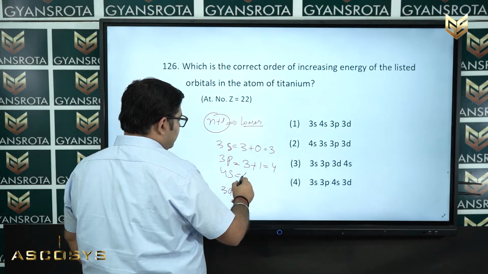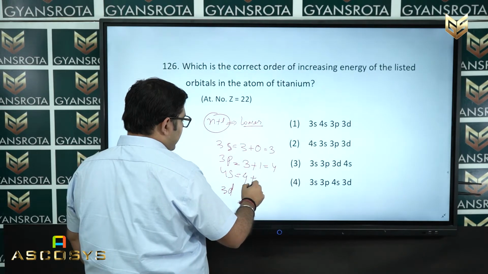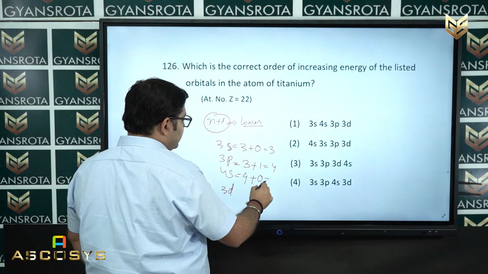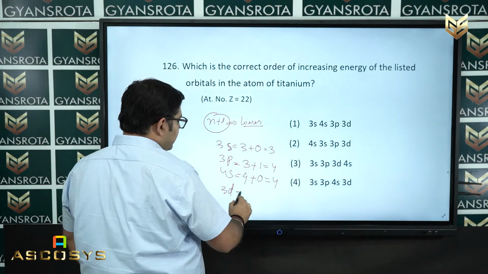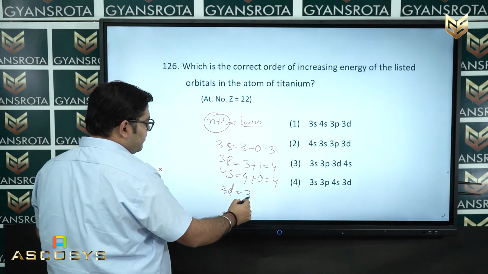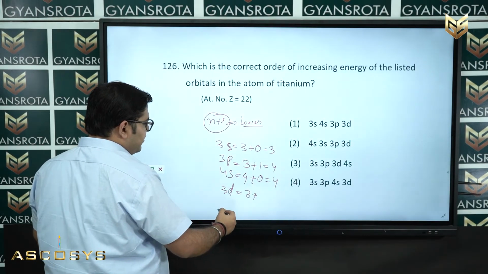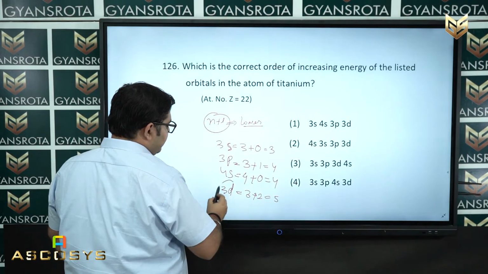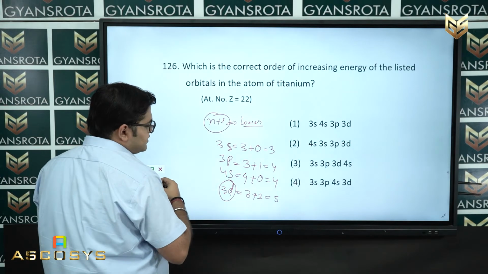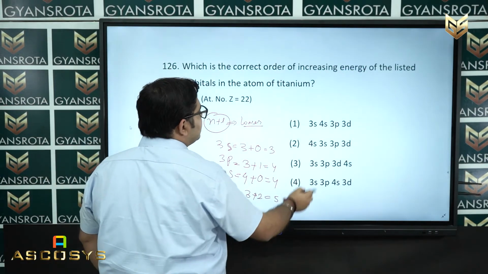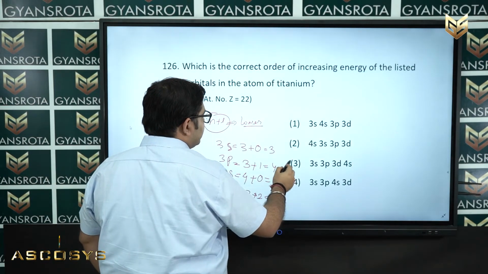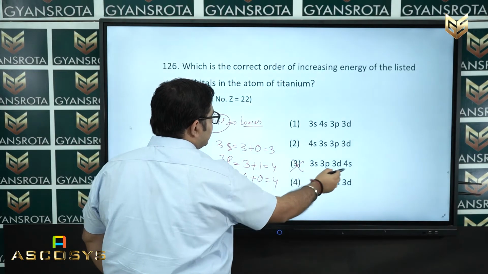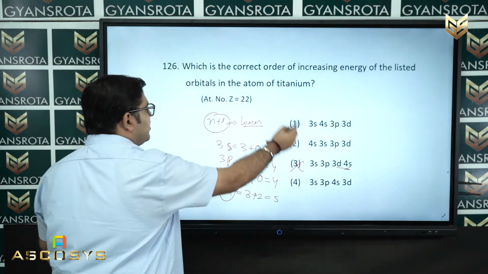For 4s, the n value is 4 and l value is 0, so it is coming as 4. For 3d, the n value is 3 and l value is 2, so 3 plus 2 is 5. So, definitely this will be filled last. Option number 3 is not possible because here it is given as 4s, while the remaining all have 3d.